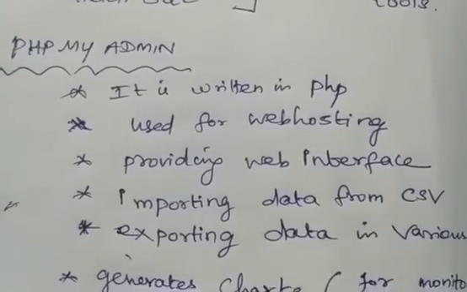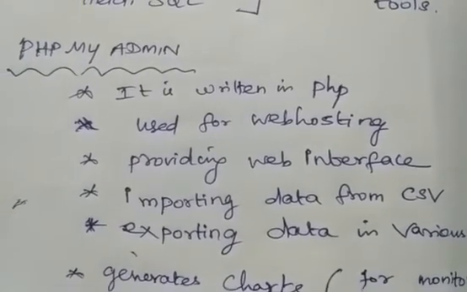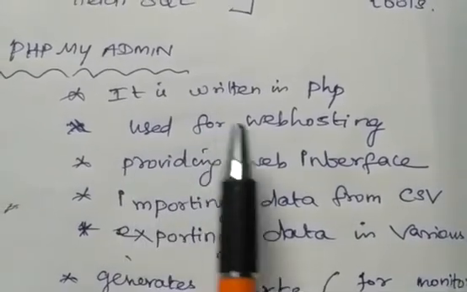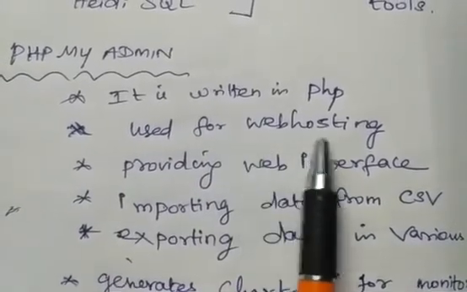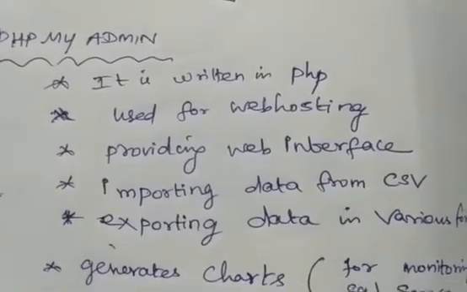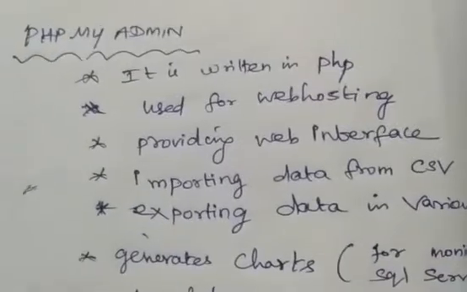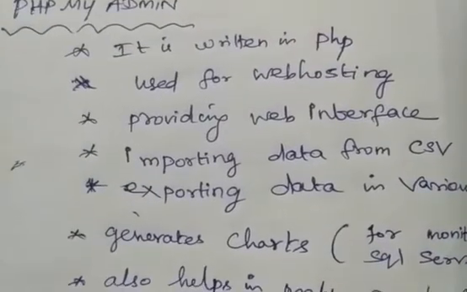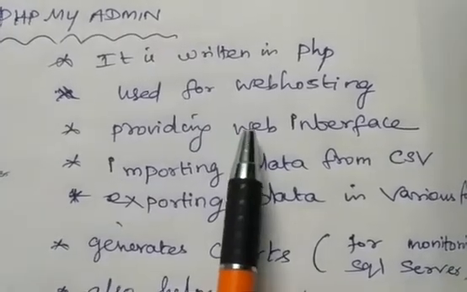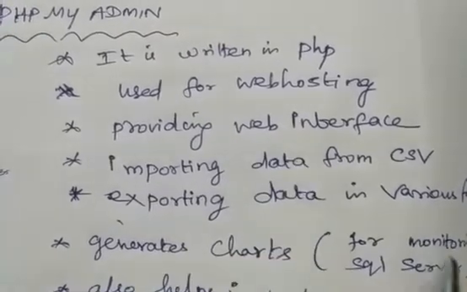These databases are handled with the help of phpMyAdmin, and it also manages the web hosting activities and provides the web interface. What is an interface? It acts as a bridge between the user and the system. So here it acts as a bridge between the web pages and the database.